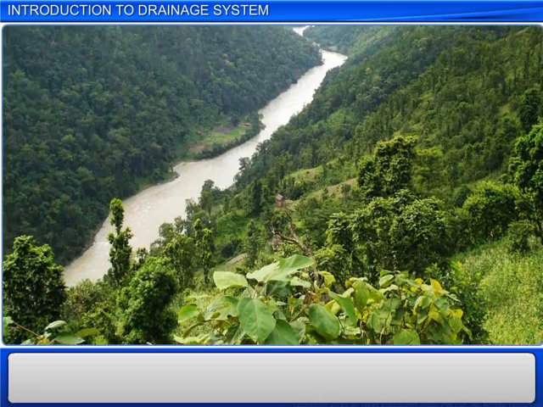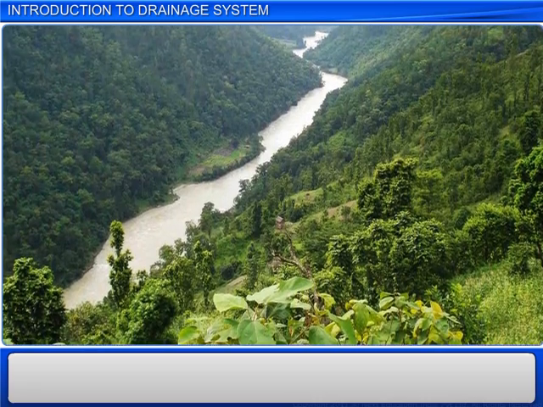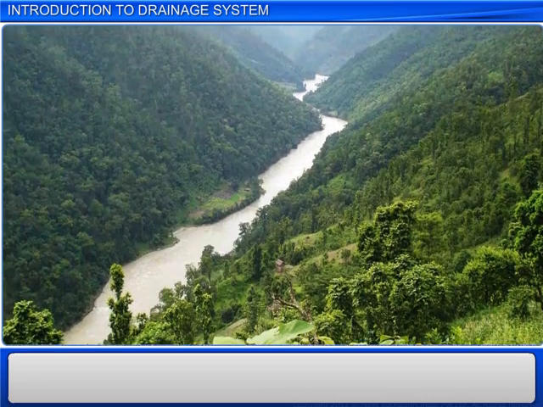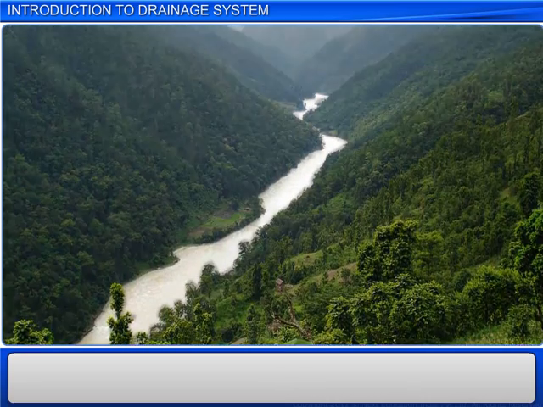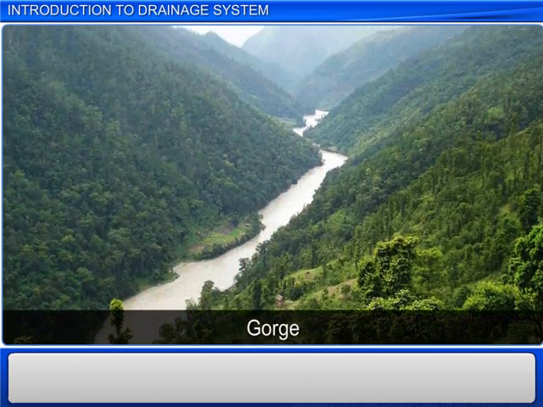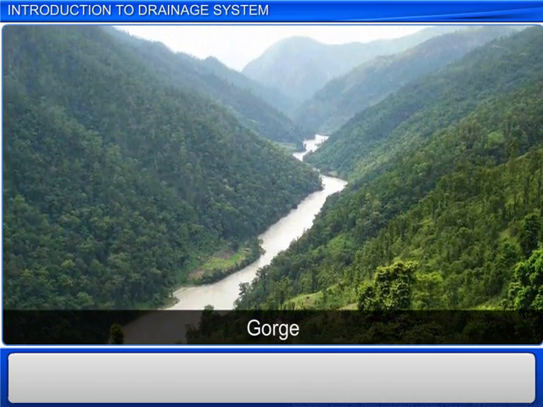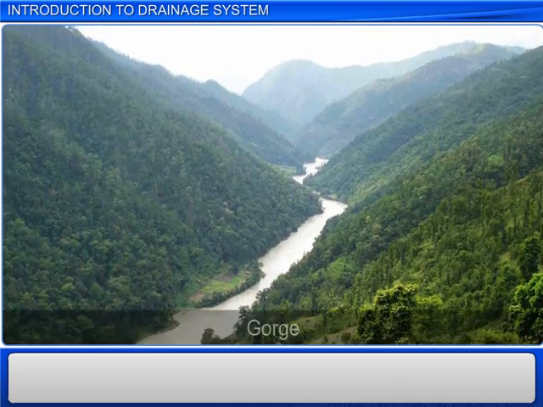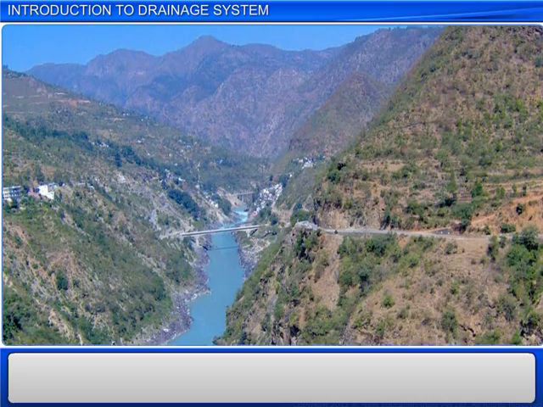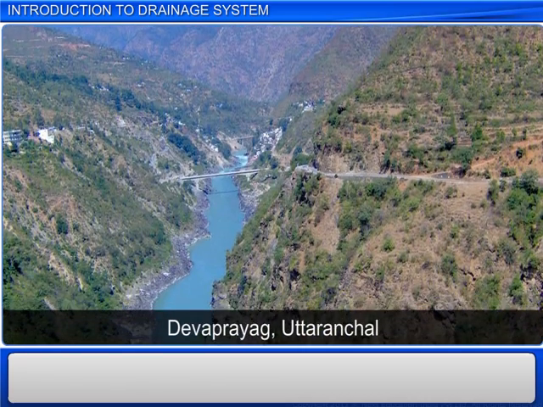Himalayan rivers travel a long way from their source towards the sea. Along their way, they cut deep gorges, resulting in scenic views. The valley seen here is formed by the Ganga in the mountainous regions of Devaprayag in Uttaranchal.